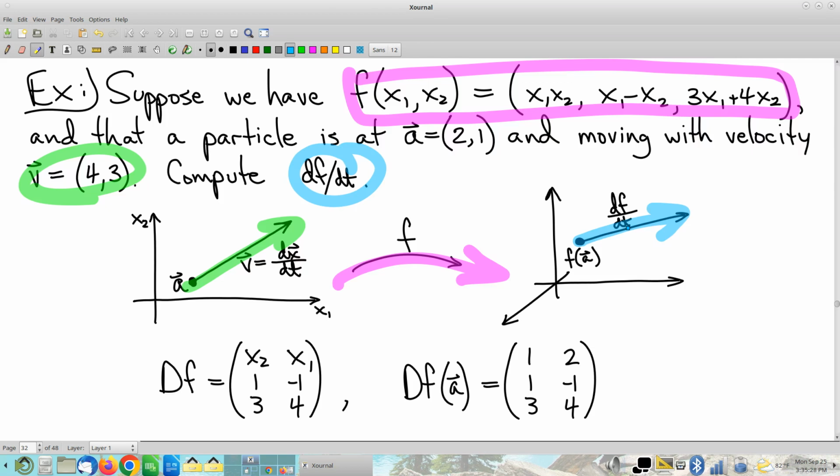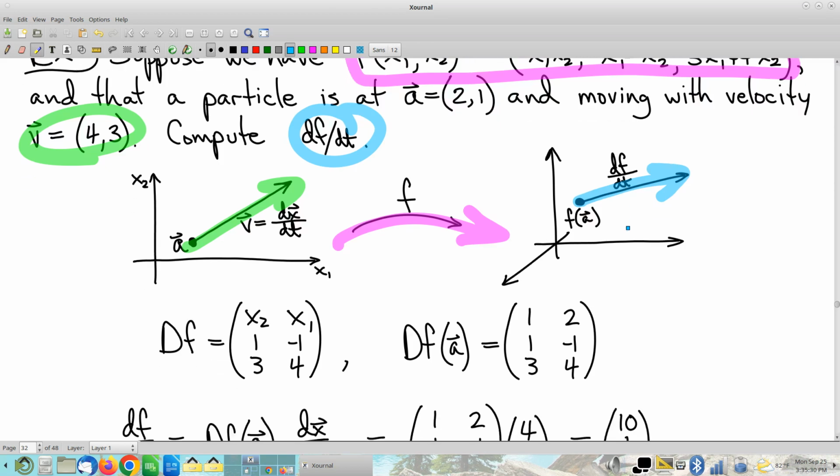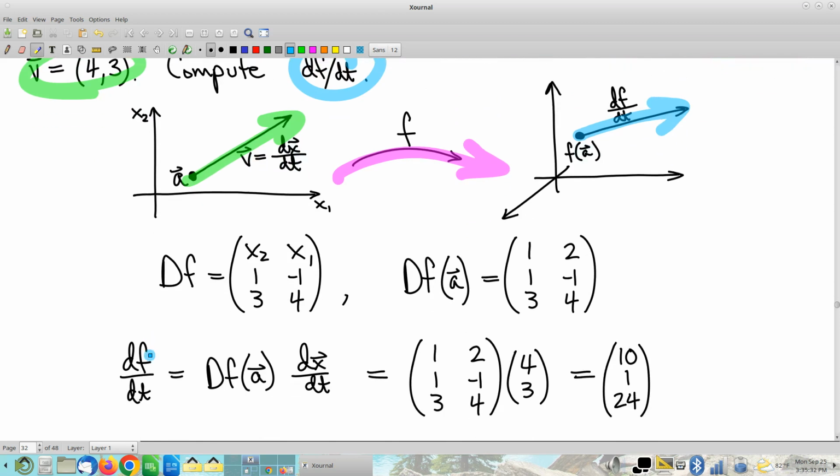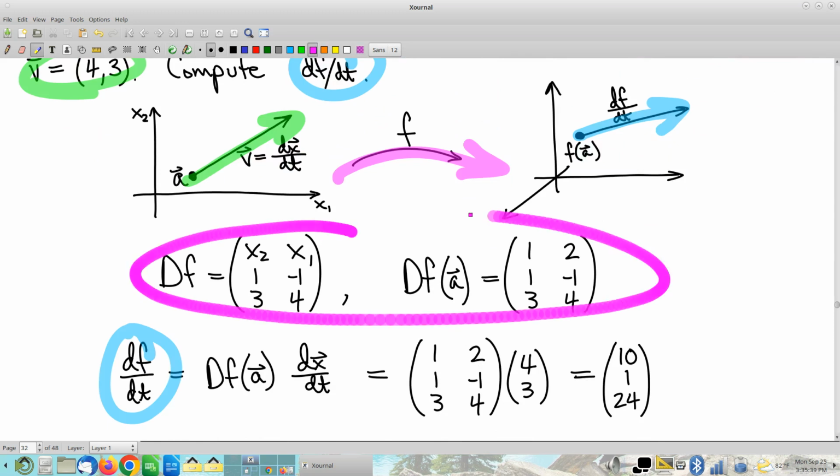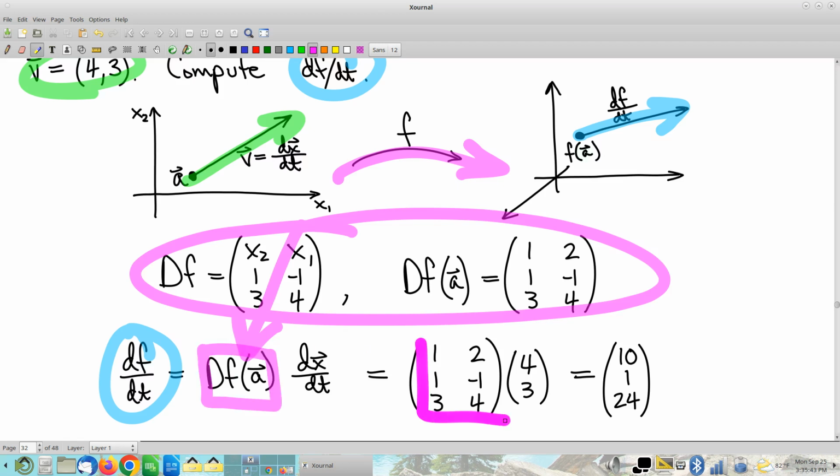And if you want to compute an output velocity and you've been given an input velocity, we use this formula. That output velocity that I want is going to be the derivative matrix, which you'll notice I have to go to some trouble to compute, multiplied by the input velocity, which again we were given. It's 4.3. So that's a straight, immediate, right down the pipe application. Everybody okay?